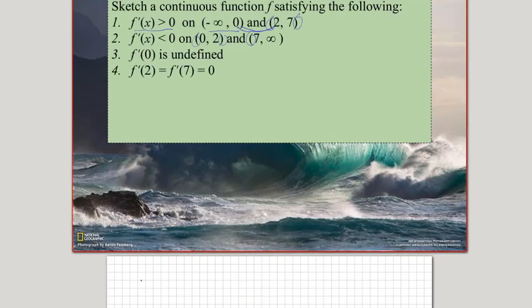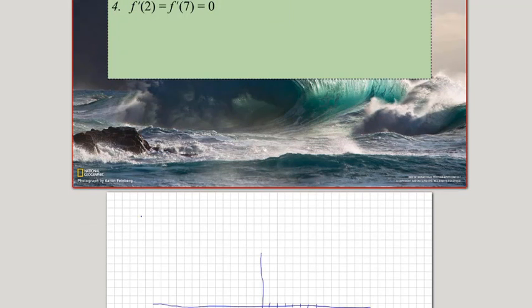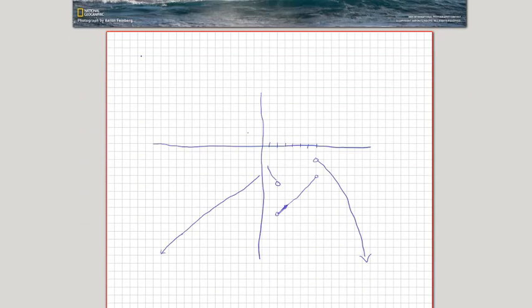Alright, now my derivative is undefined at 0. And my derivative at 2 and my derivative at 7 are 0. Okay, so what that means is the derivative at 2 and 7 are 0.